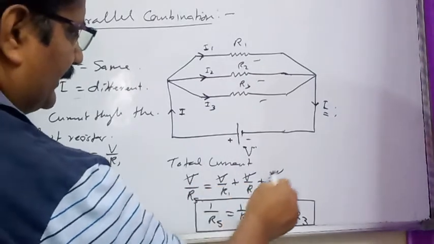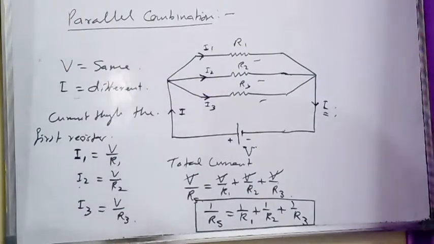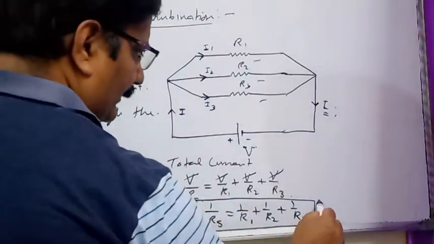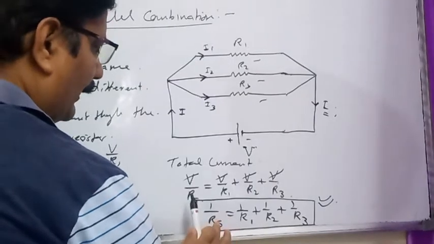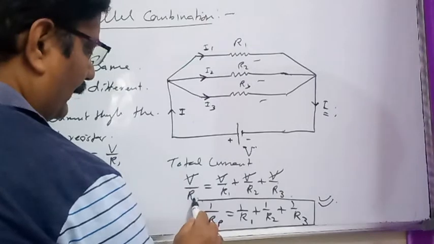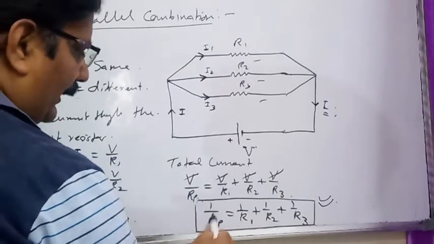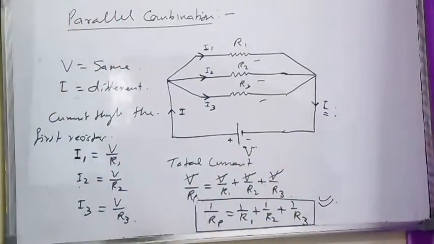V being a common potential, this cancels out, and the formula to calculate the equivalent resistance of the parallel combination of resistors is, for parallel combination Rp, 1 by Rp is equal to 1 by R1 plus 1 by R2 plus 1 by R3.